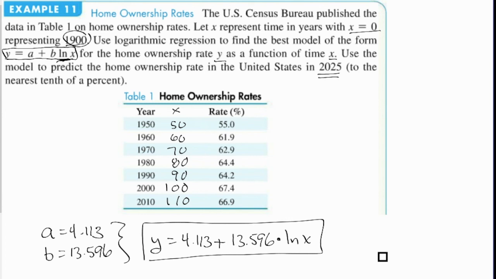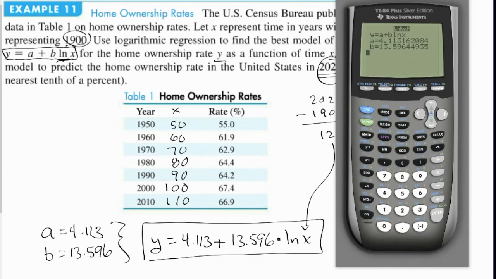Now to find home ownership in the year 2025, 2025 minus the year 1900, because 1900 is our 0 year for x. That gives me 125, and that's what we want to plug into x.